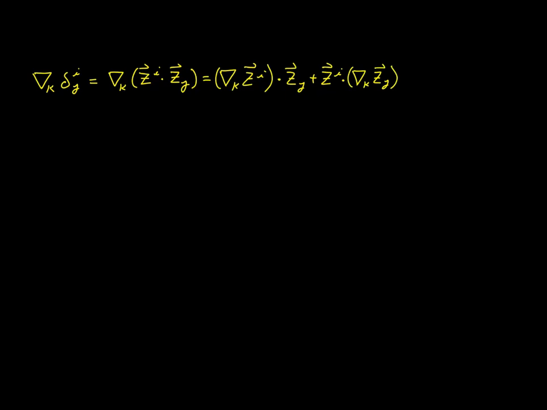And of course, from the last video, you know that the covariant derivative of each of these basis vectors is equal to 0. So that means that the whole thing has to be equal to 0. In other words, the covariant derivative of the Kronecker delta is equal to 0. That means that the Kronecker delta also possesses the Metrinilic property.